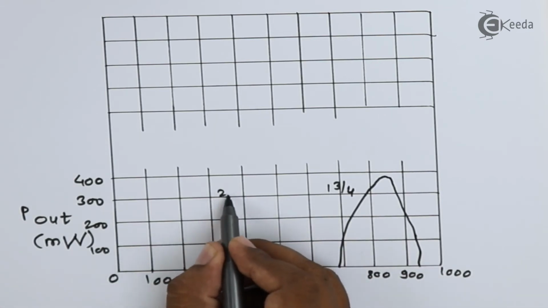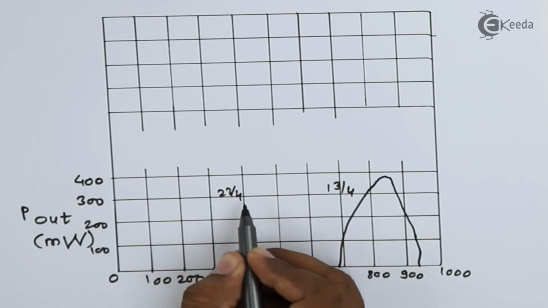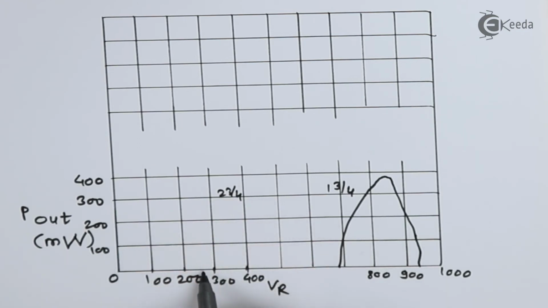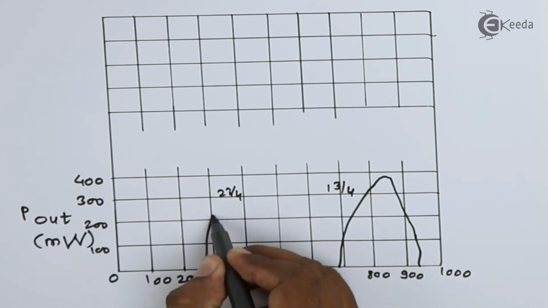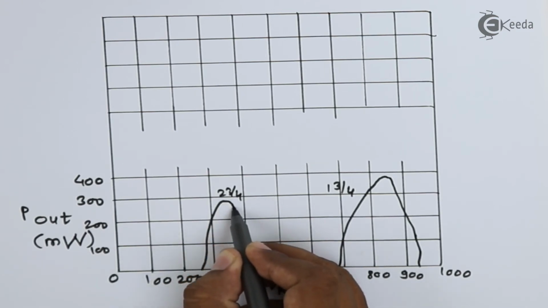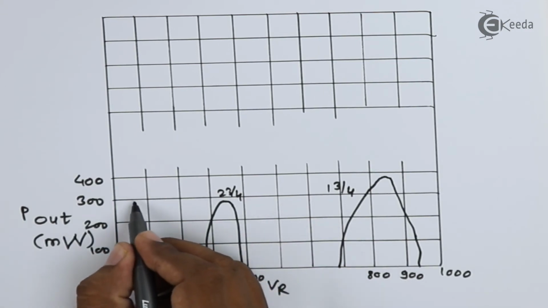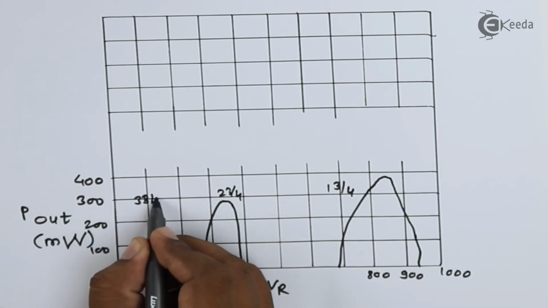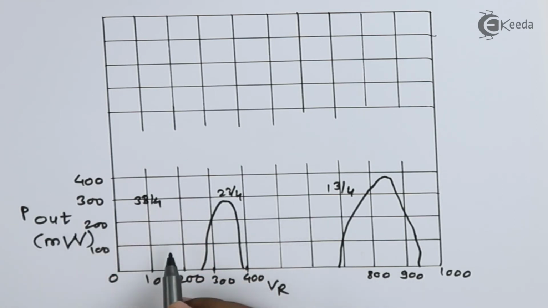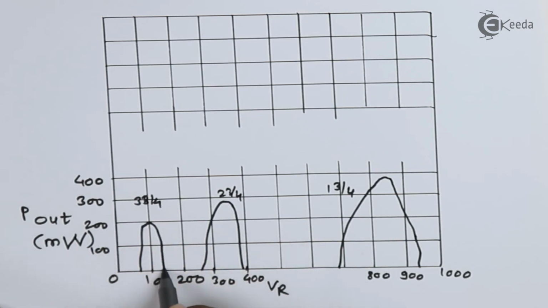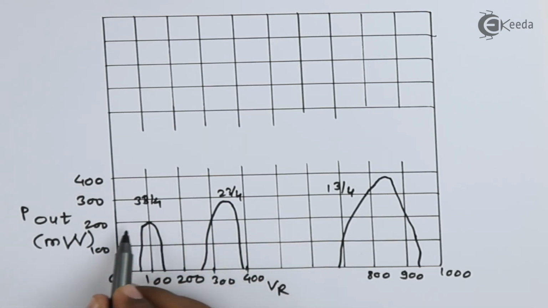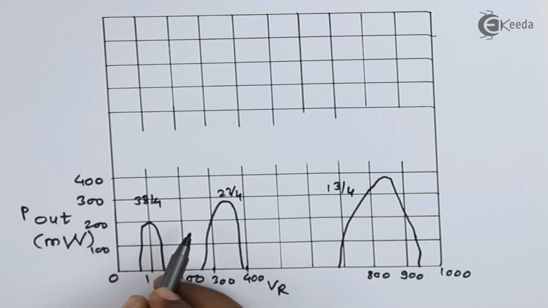If you have 2 and 3/4 cycle, it will be in between 200 to 300 and the amplitude will be up to the 300 here. So this will be the curvature. And if you take the case of 3 and 3/4 here, so that time it will be between 150 coming back to 100 and 200, and it may reach up to 200 milliwatts here.